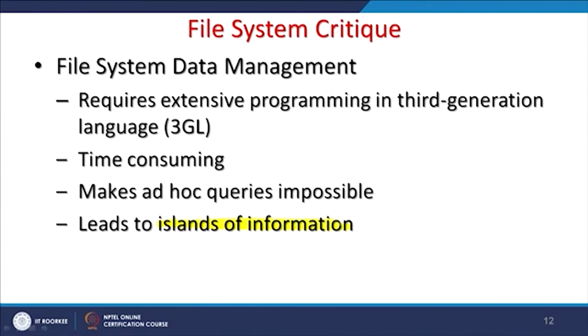And if that is there, then these islands of information become very common, and that means unnecessary occupancy of our storage because of the file system.